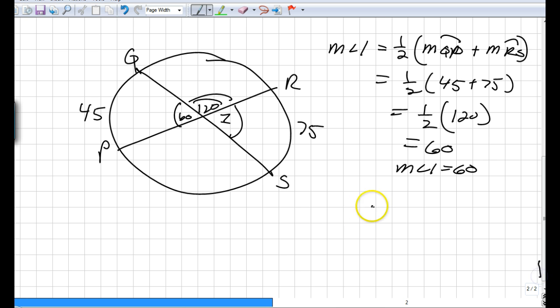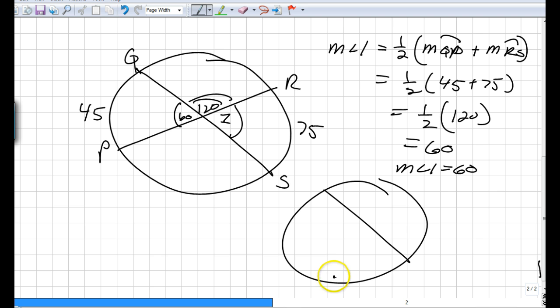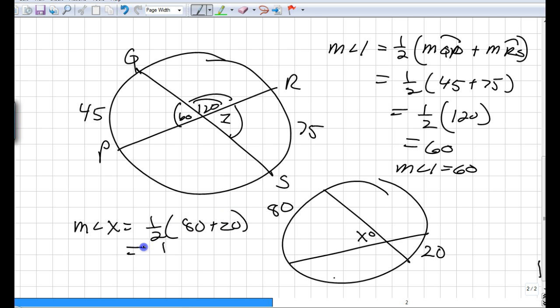So we could do something, I mean, if it was something like this, where we know that this is 80, this is 20, and we want to know the measure of this angle, then measure of angle X would just be 1/2 (80 plus 20), or 50. Okay, and notice that the angles formed there are always inside the circle.